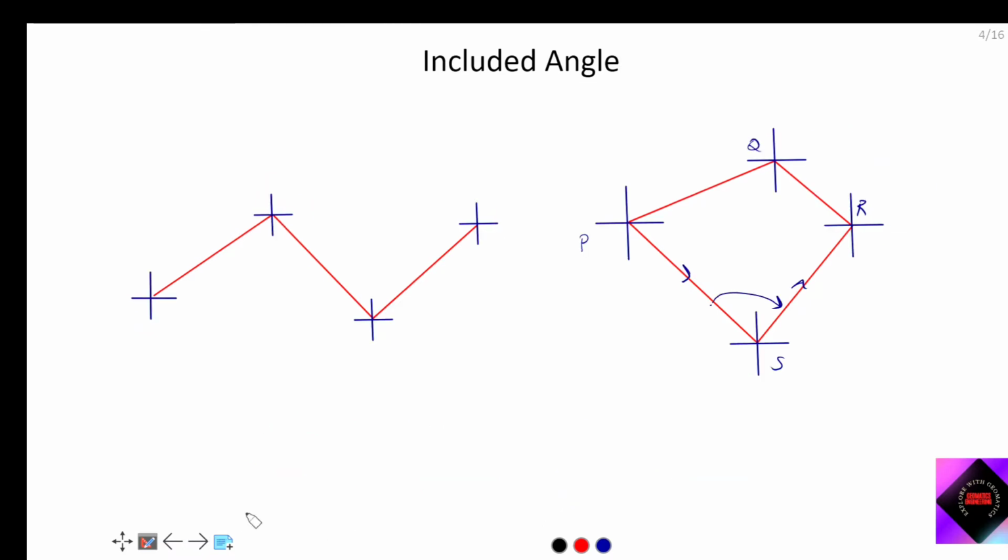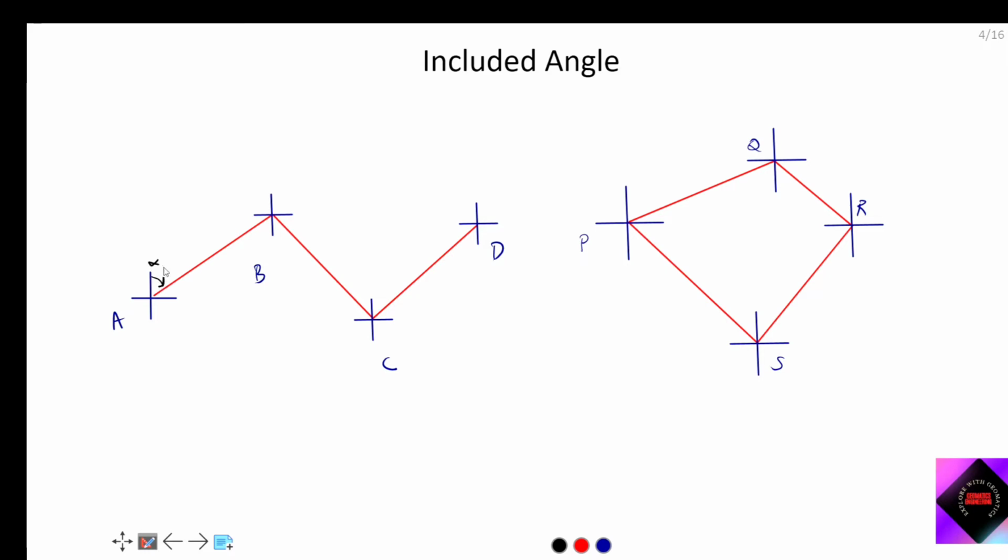Now let's see how we will calculate this with the help of forebearing and back bearing. For example, I am taking one example from here and one example from here, then I will conclude this topic. This one is A, B, C, D. So you have taken the forebearing of AB.